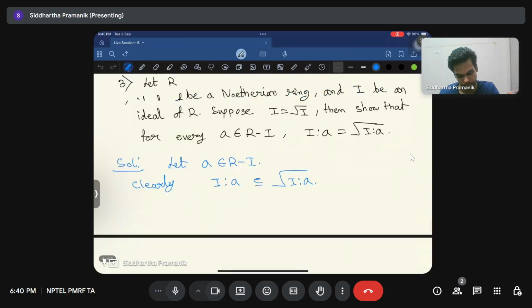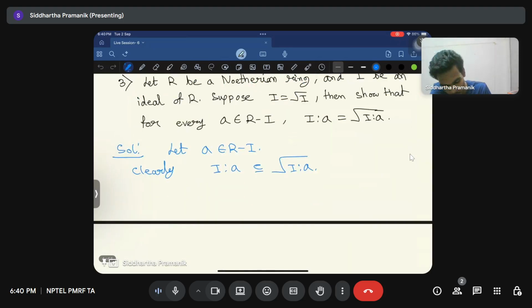So let x belong to the radical of I colon a. That will imply some power of x is in I colon a. So x power n is in I colon a, for some n greater than or equal to 1.